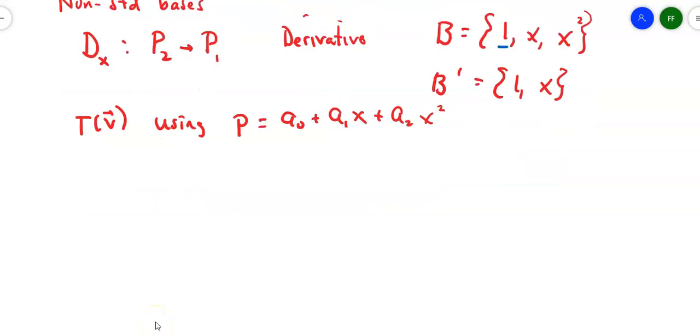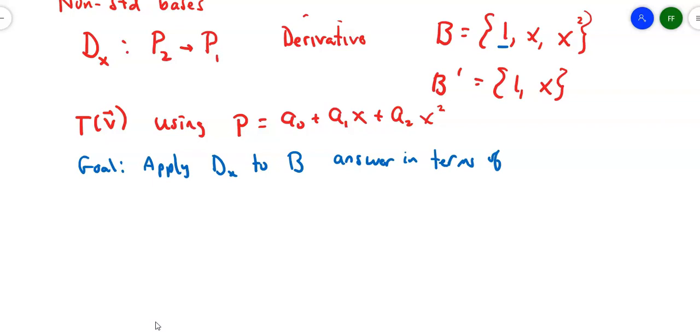When I do this, my goal is to apply the operator to the elements in basis B and answer in terms of B prime.